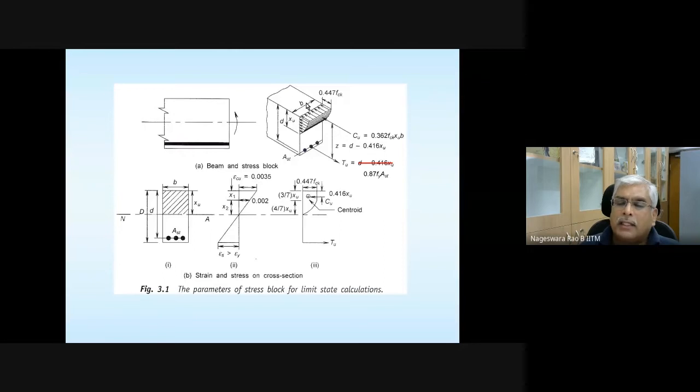And similarly, the compressive force contribution from this rectangular region is straightforward. It's going to be 0.447 fck times 3 divided by 7 xu multiplied by b.